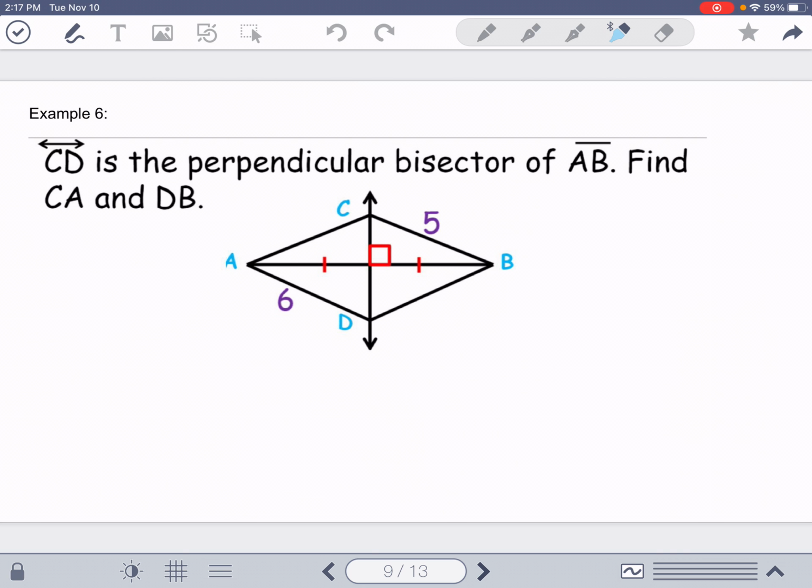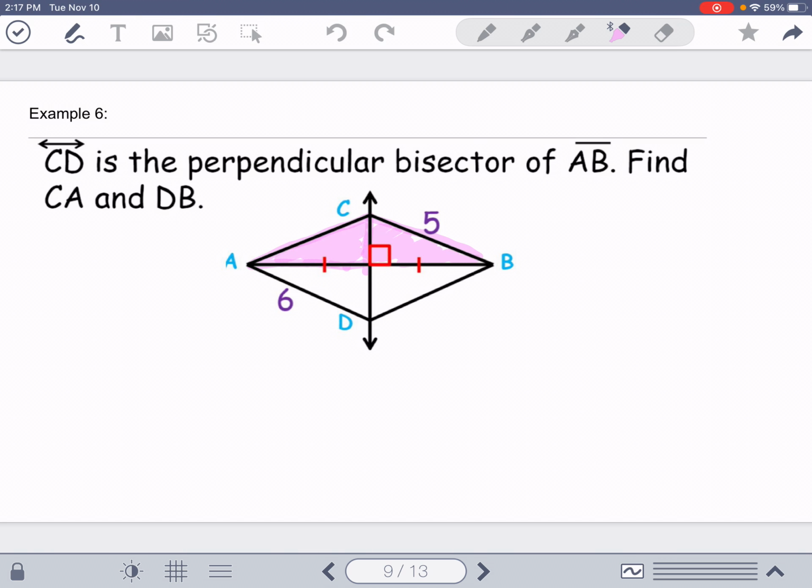Well, CD is the perpendicular bisector of AB. Find CA and DB. Well, CD is the perpendicular bisector, so that means that it bisects, and I have 2 triangles here. Let's just mark them in pink.